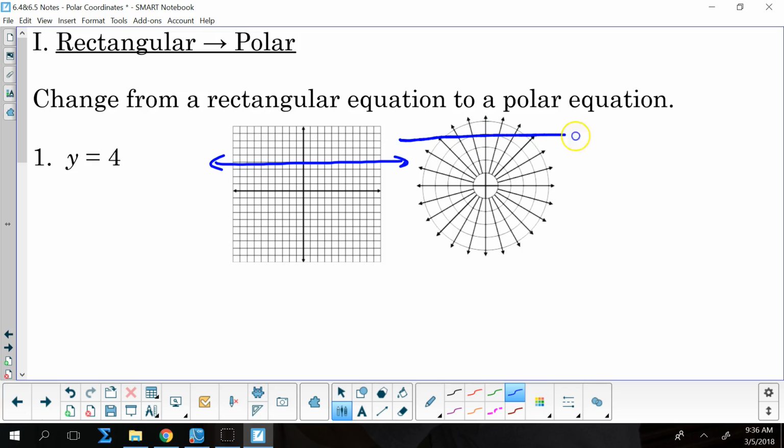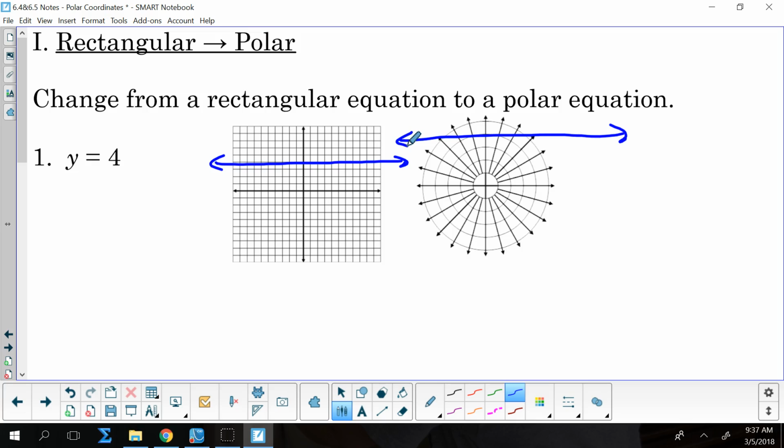It had better look like a horizontal line 4 up from the pole. If it doesn't, we've done something totally wrong, because we're changing this line into a line just in polar form. Okay? So let's go about doing that, and then I'll verify those two graphs momentarily.